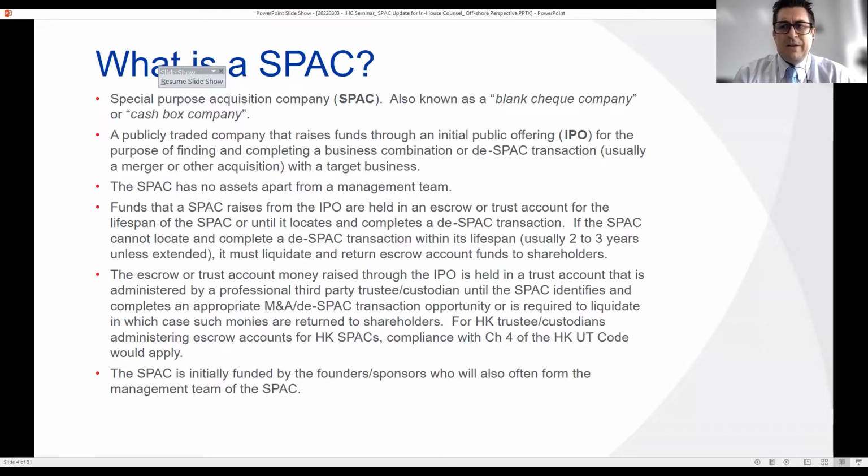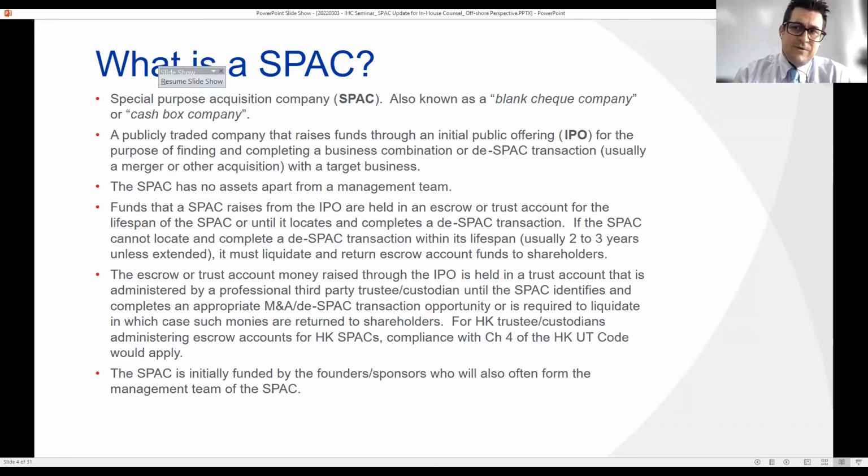The monies that are raised in a SPAC IPO are not directly held by the SPAC. They're held in a trust account or an escrow account, which is administered by a professional third-party custodian institution. Those proceeds may only be released at a point in time where the SPAC completes a de-SPAC transaction.